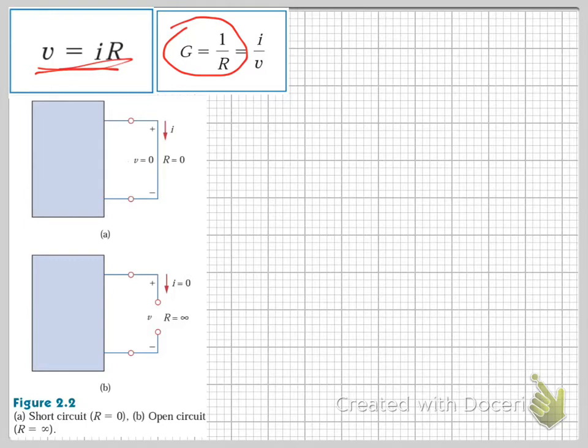So the one thing about wires, when you're doing EBN and all the way up until about fourth year, is that you consider your wires to have zero resistance.